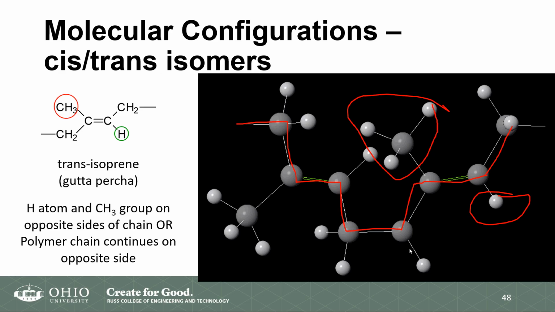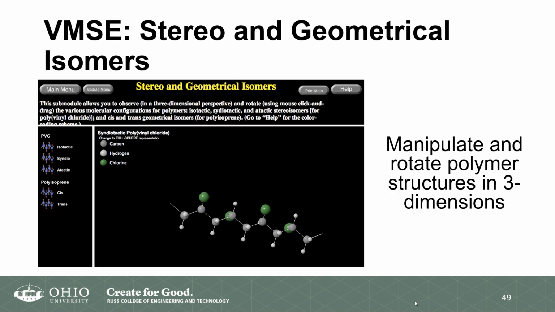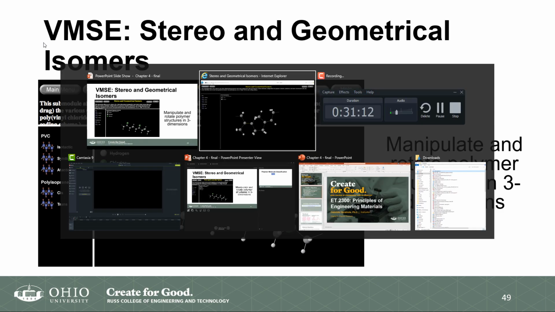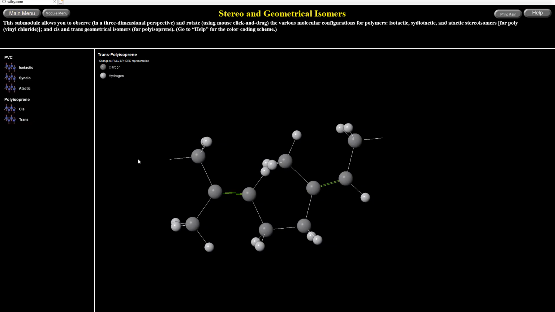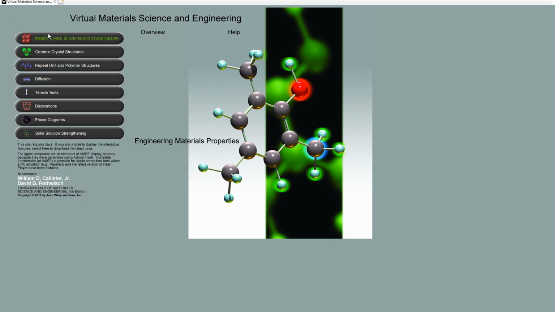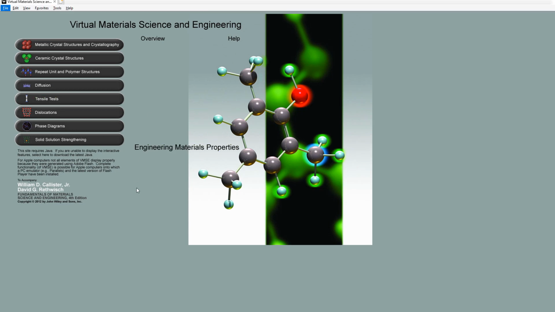So again, as always, I would encourage you to go to that VMSC website, which I would use a lot more in the class. If we go back to the main page, you can see that it's taking some time to load, but some of the chapters we're going to talk about in terms of diffusion and dislocations, which is chapter 5. I'm going to come back to this website and show you some more images, but it's important that you yourself go and try this out.